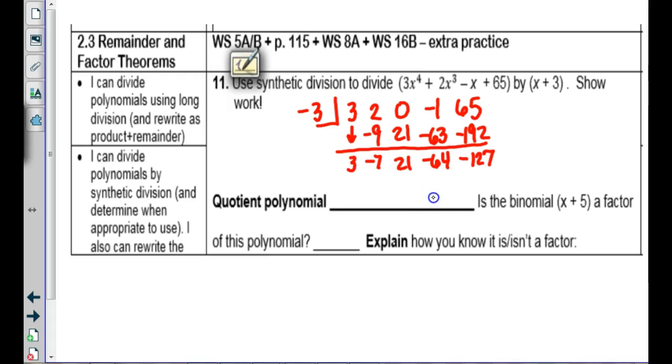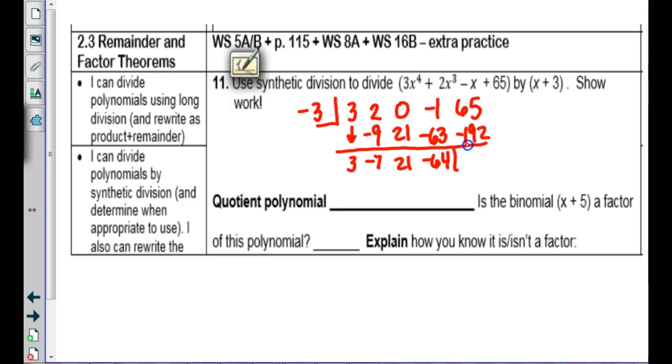Yes? Okay, what is the quotient polynomial? This is the remainder. What's supposed to be what? What should this be? Oh, it should be positive there. Okay, gotcha.